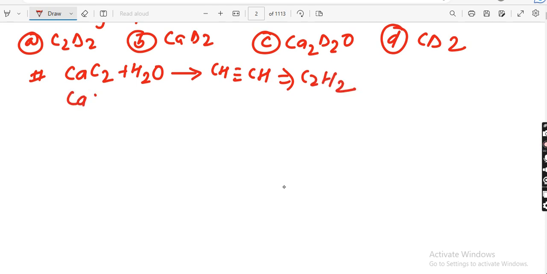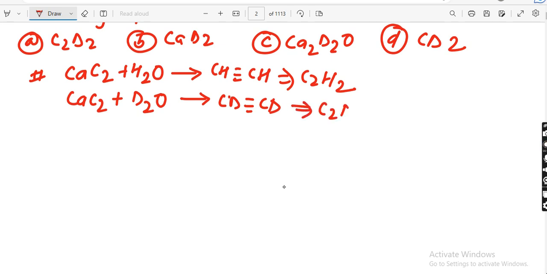What if the same reaction is carried out with heavy water, that is D2O? This will give you CD≡CD, and this is C2D2. That's what it is asking.